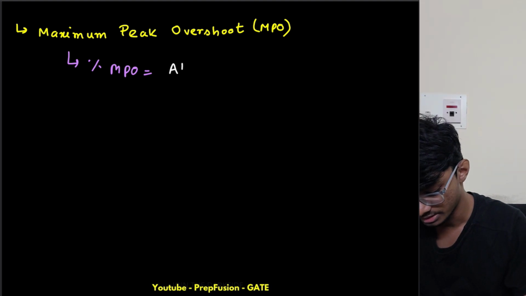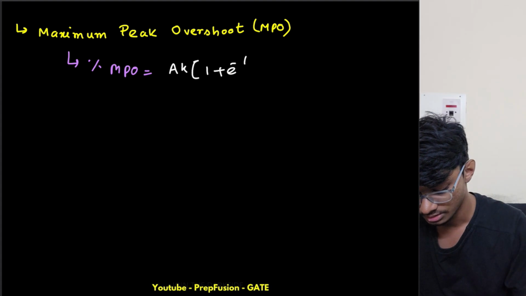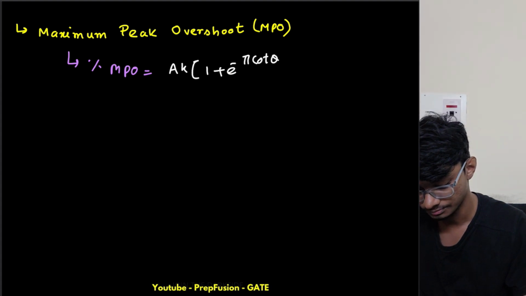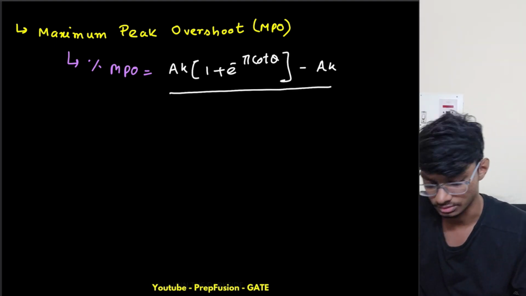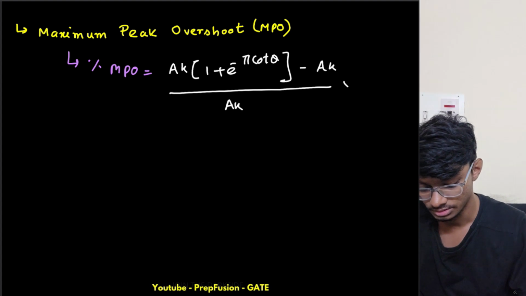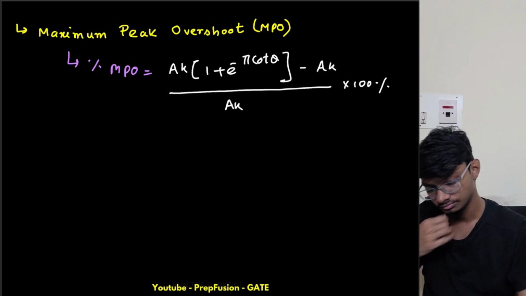I'm writing for the generalized case, so I'm deriving it a bit also. It is (1 plus e raised to the power minus π cot θ, minus AK) divided by AK. We normalize this, times 100%.